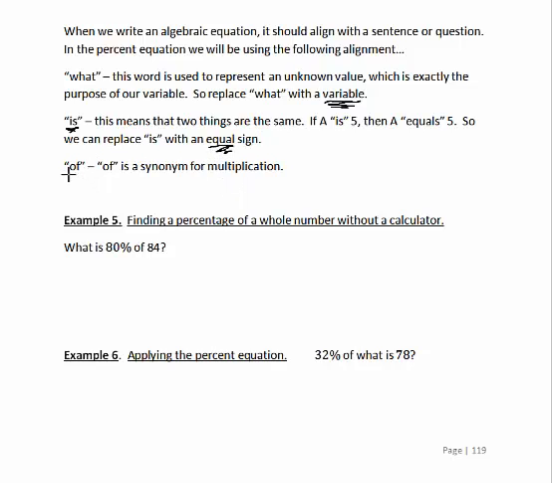And then when of is placed between 2 numbers, we simply multiply the 2 numbers. For instance, half of 30, well, that would simply mean we multiply the 2 together and we would get 15.